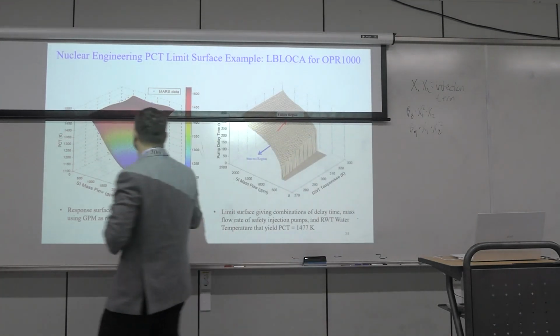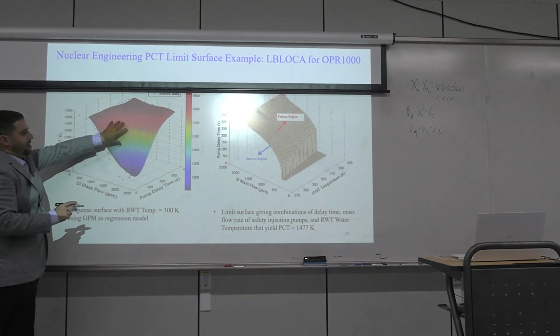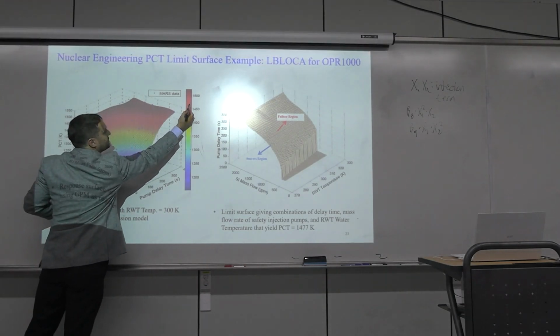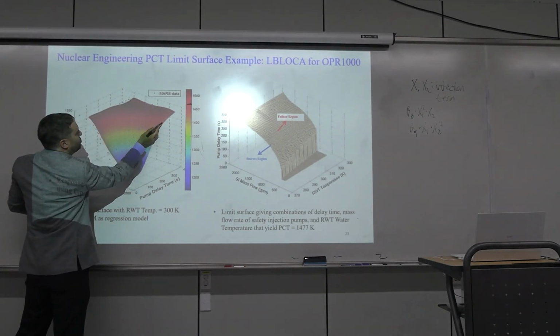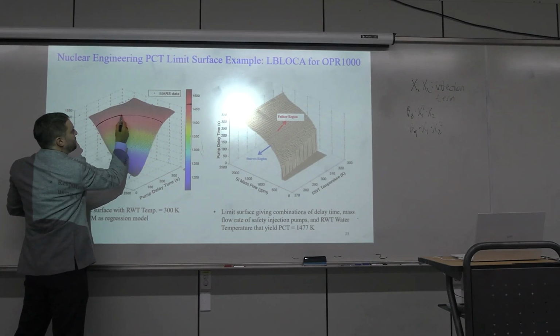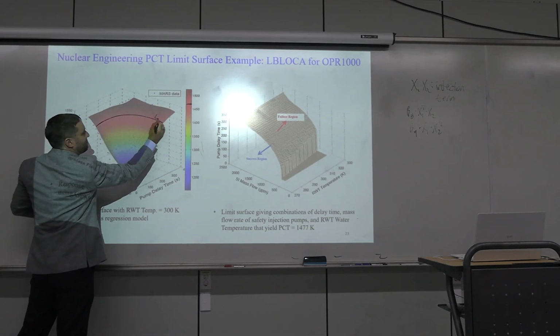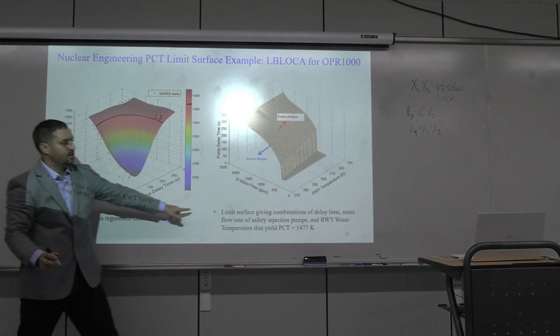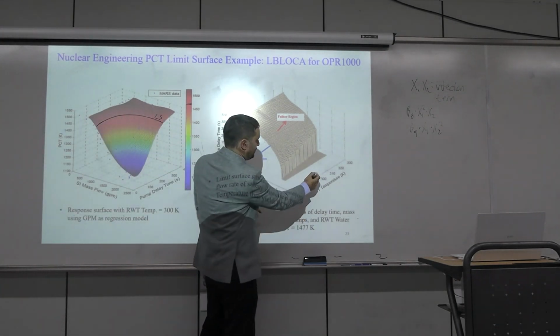So on this response surface, the limit surface is the 1477, which is that red color, so this arc is the limit surface. But we're only in 2 dimensions. Here we're holding the 3rd parameter constant, okay?